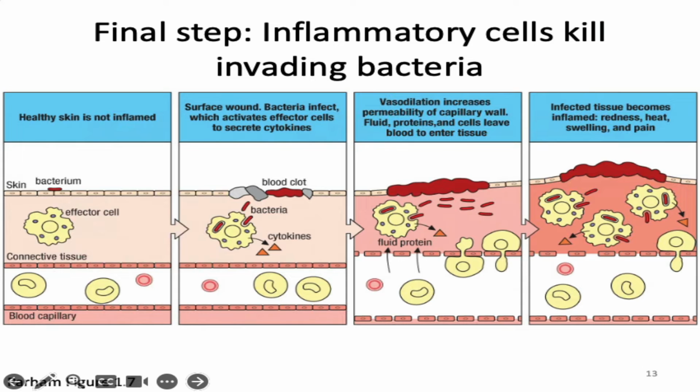What we think happens is that some of those pattern recognition receptors bind not to MAMPs, the microbe-associated molecular patterns I told you about before, but to something called a DAMP, or damage-associated molecular pattern. When some of your cells die or are damaged, they may release products that stimulate PRRs in macrophages.